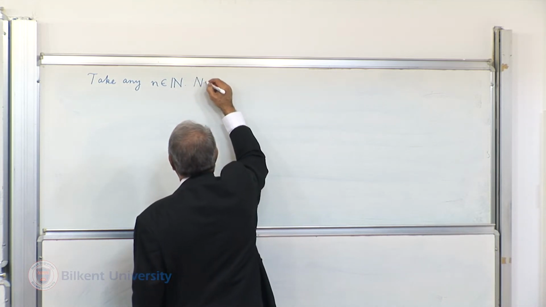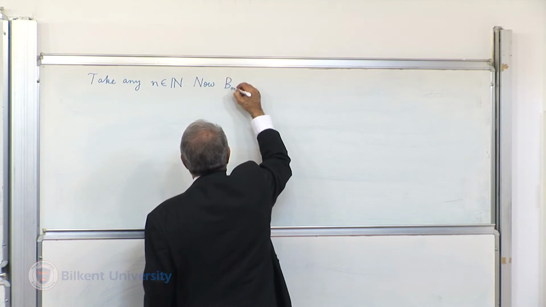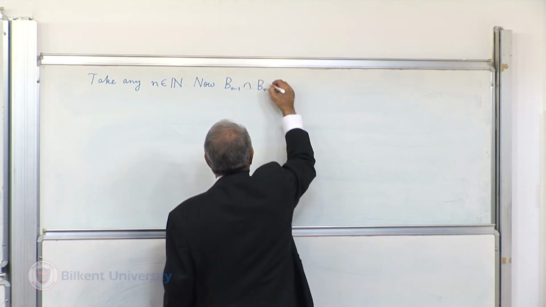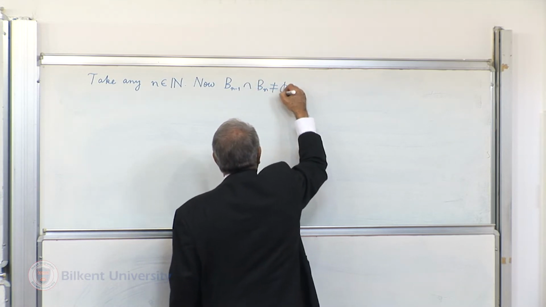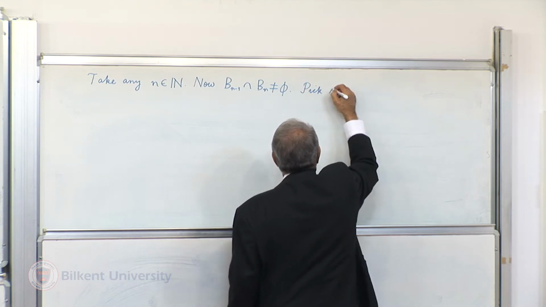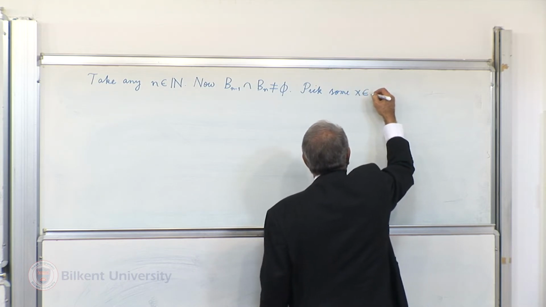Now, B sub n minus 1 intersection B sub n is non-empty. Pick some x in that intersection.